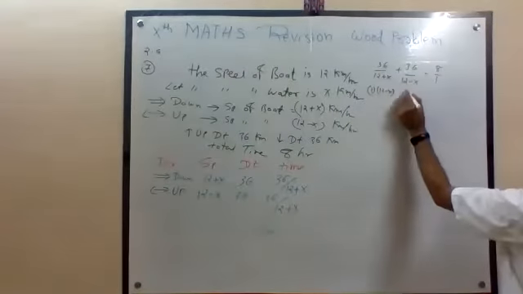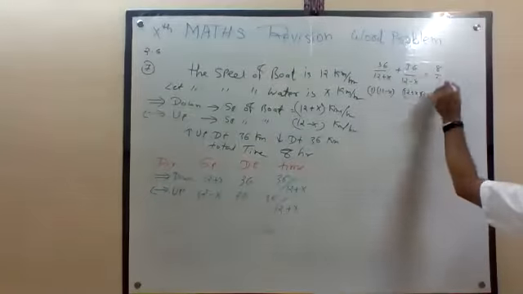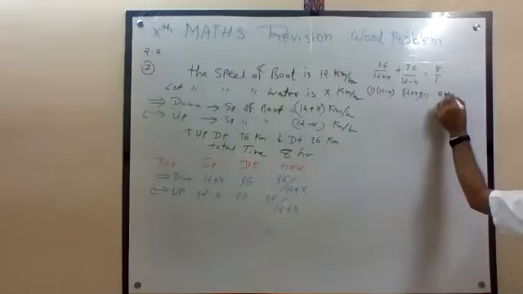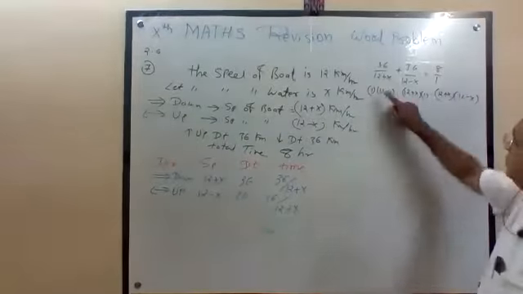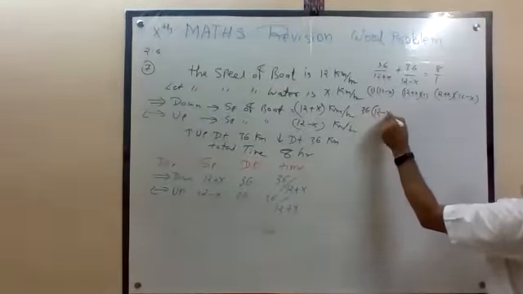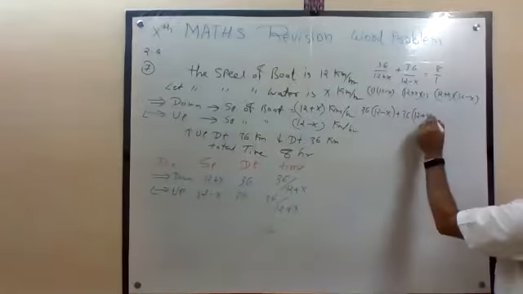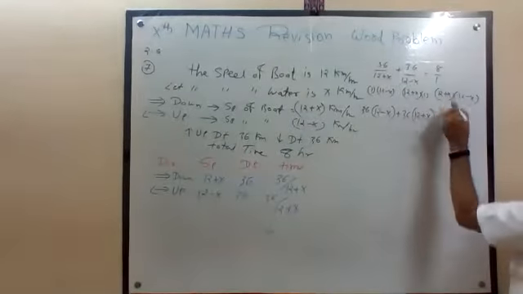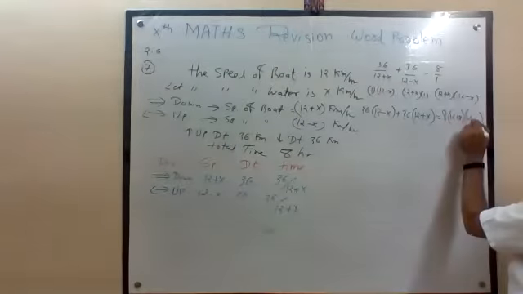For this, it is 12 plus x. So 36 into 12 minus x plus 36 into 12 plus x is equal to 8 into both the brackets, 12 plus x and 12 minus x.